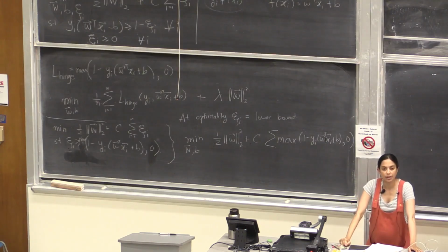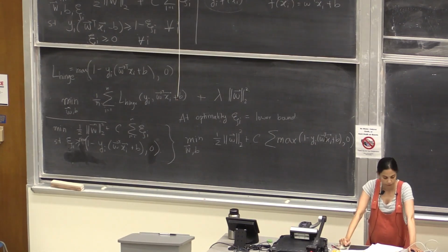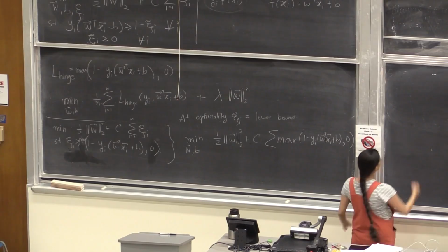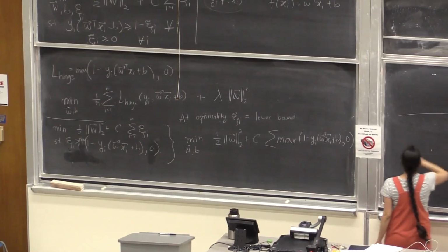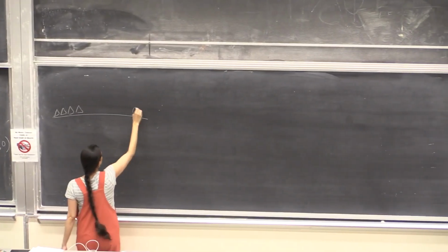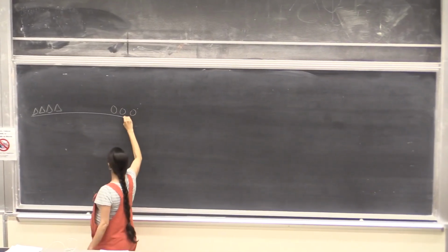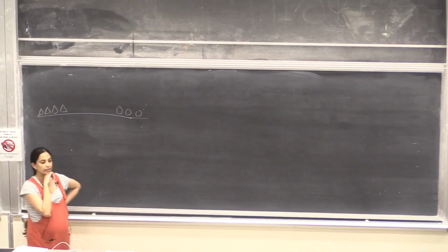So now we talked about this one example for the support vector machines. What if I had the following very simple one-dimensional example? I have my triangles here, and I have my circles here. And I want to be able to classify these, okay?